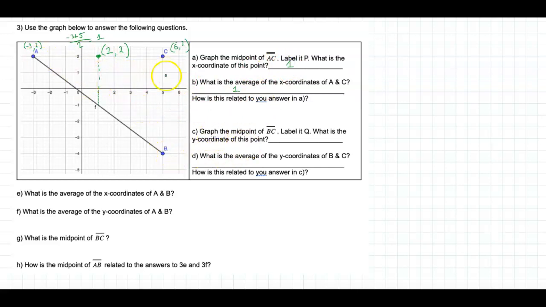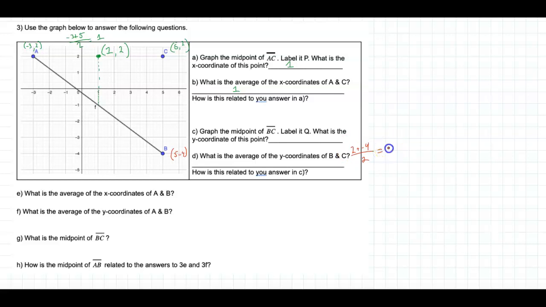Now, if we look at BC, I'm going to change colors now. So BC, what's the average there? Well, I have to put this one in here. This is at 5, -4. So if we're looking at this vertical line here, what's the average between 2 and -4? So here I'm going to write it down: 2 plus -4, and we divide by 2.